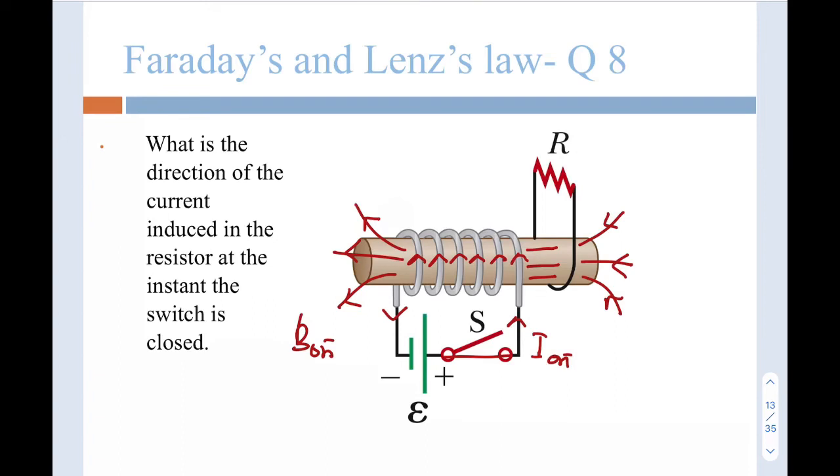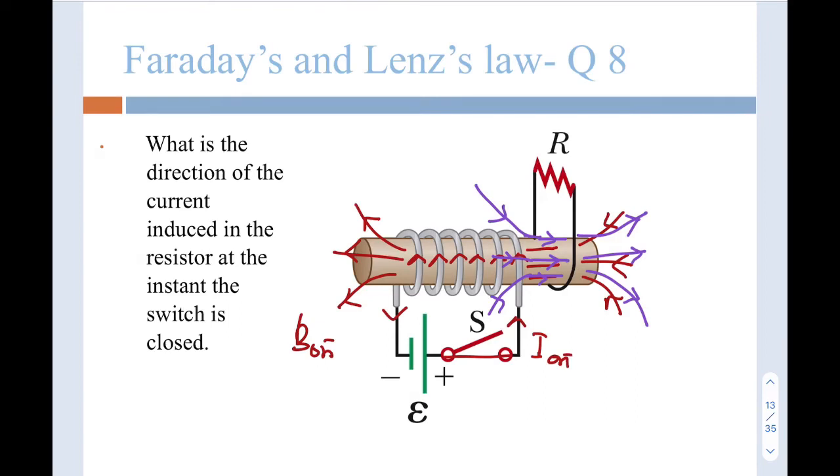So I original increases, and the B induced will be in a way that opposes the change. So the direction will be opposite, because you don't want to have an increment in the amount of I original.